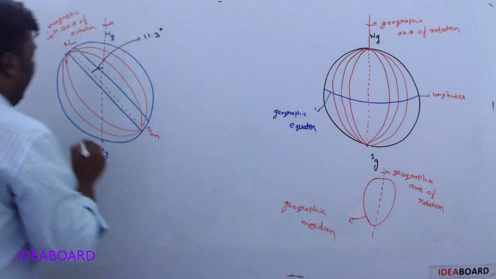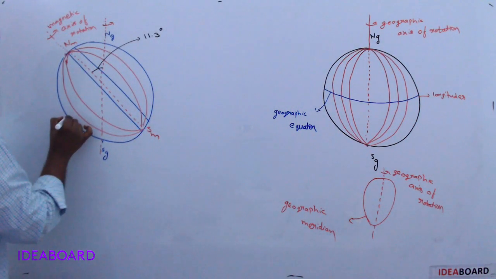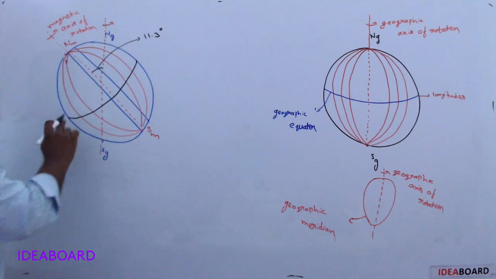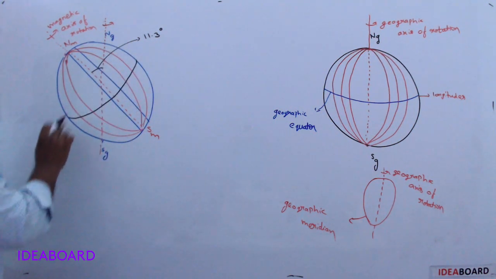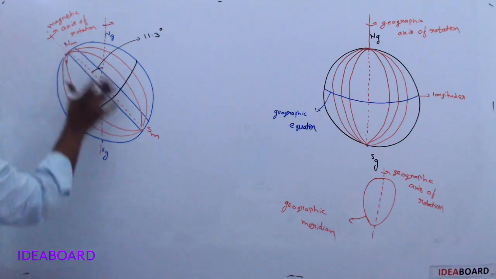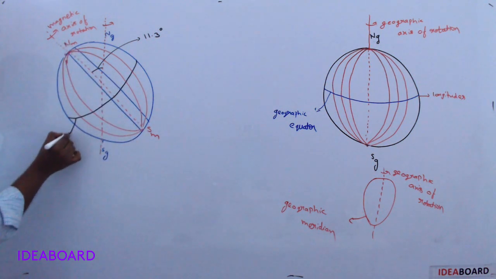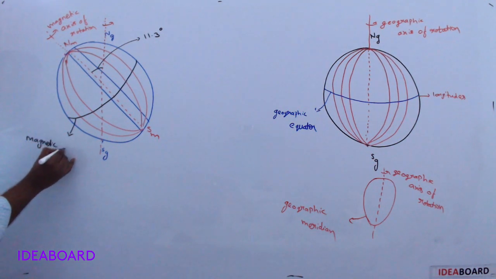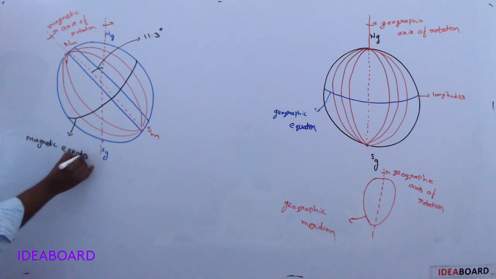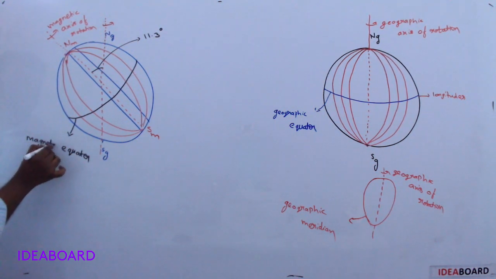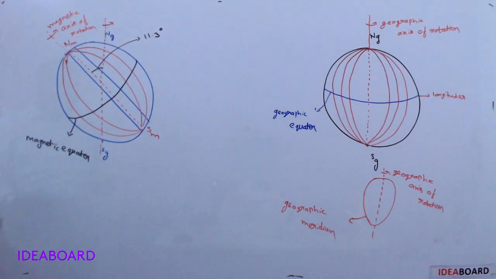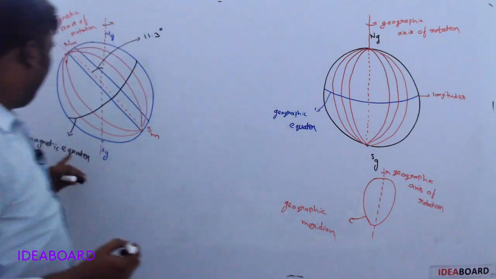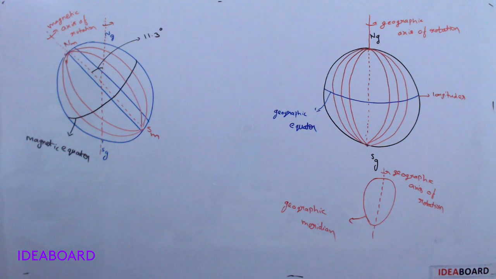It also contains a great circle, where all the points on the circle are at equal distances from the NM and SM, and it is named the magnetic equator. This is named the geographic equator, and this is named the magnetic equator.